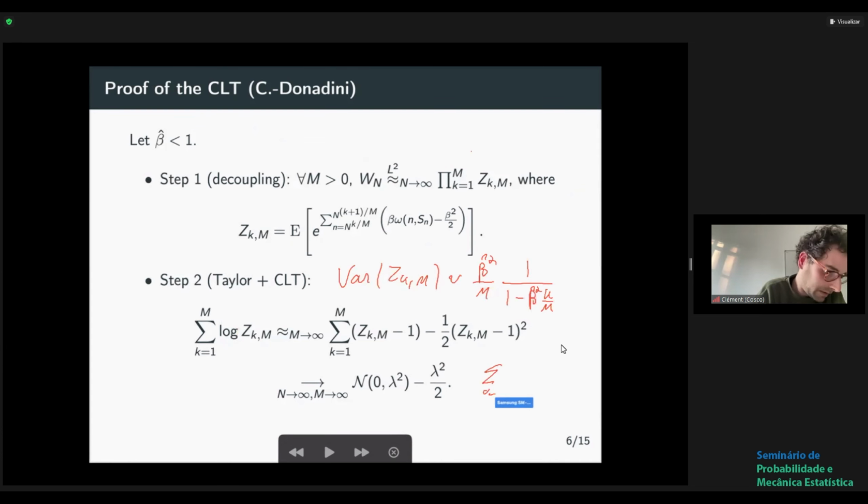So the sum over k of this will converge to the integral of 1 over 1 minus beta hat squared x dx, which will be exactly equal to lambda squared.